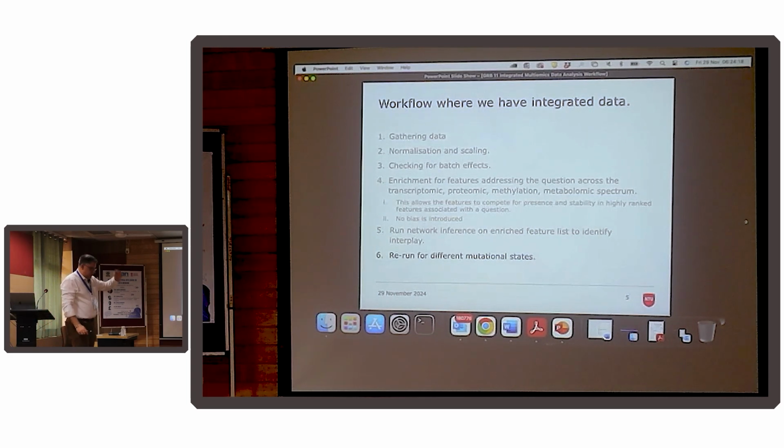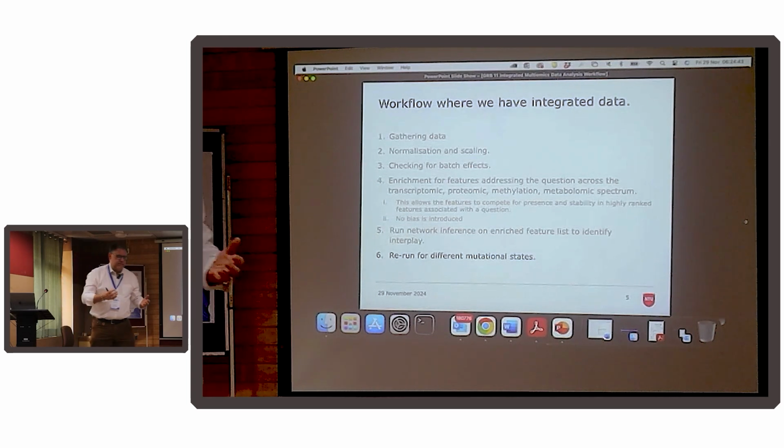What we can also do, because we have genomic information, is we can look at mutational states of genes. So we can add another layer of complexity by rerunning this whole process for different mutational states of the gene. So how is this big interplay happening here for the wild type, and how does the mutation of a gene perturb all of that?